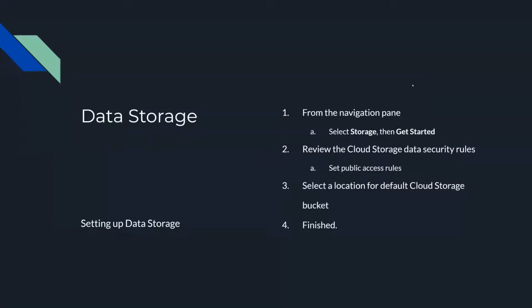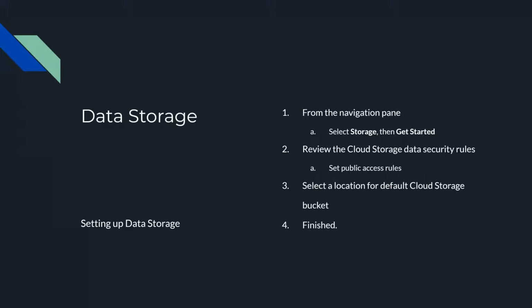To set up data storage for your project, you first need to select storage from the navigation pane and then click Get Started. You will then want to review how to secure your cloud storage using the security rules. Here you can also set up rules to allow for public access. After you finish setting up your security rules, you will need to select a location for your default cloud storage.